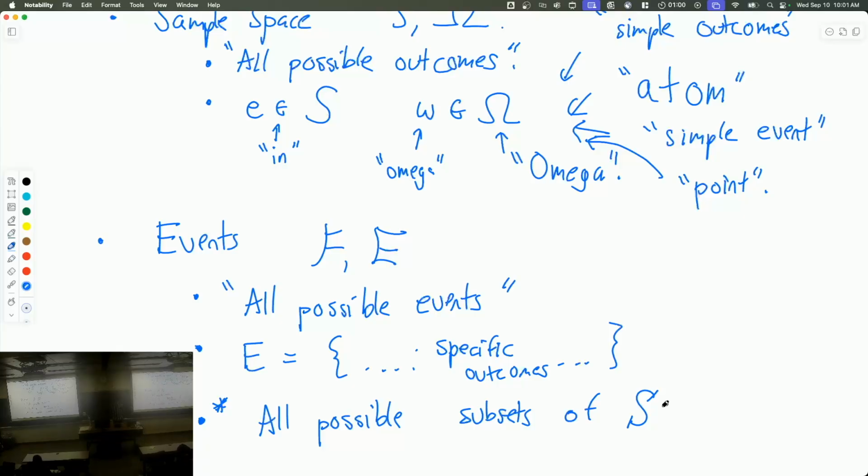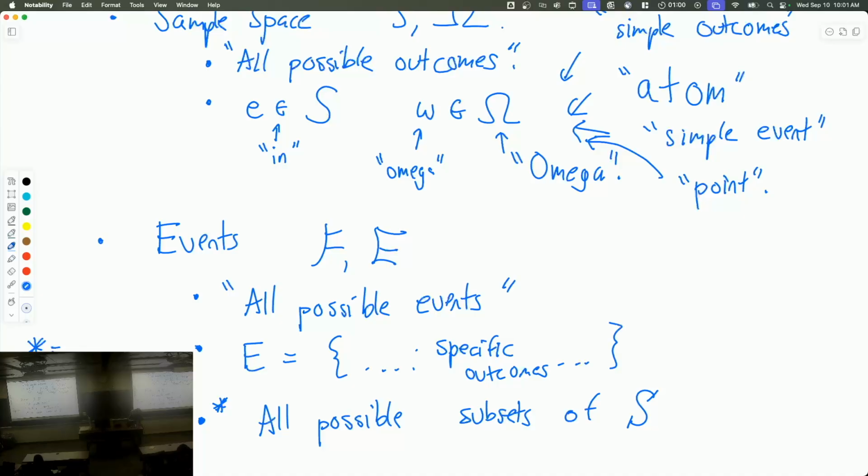It turns out, if you're scared of scary things, then you must shut your ears for the next minute. It turns out if the sample space is infinite, then you can't do all possible subsets. There are weird technical things involving the axiom of choice and non-measurability and all sorts of crazy shenanigans. I'll put star equals things are more complicated if infinite.